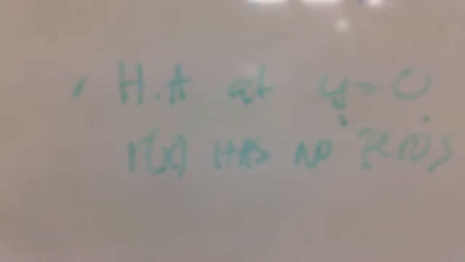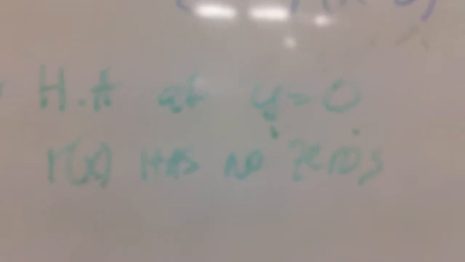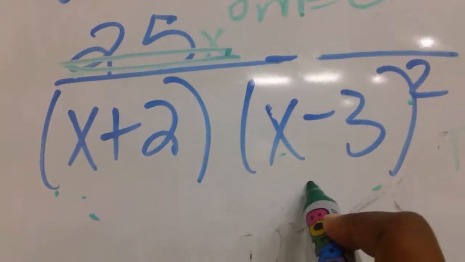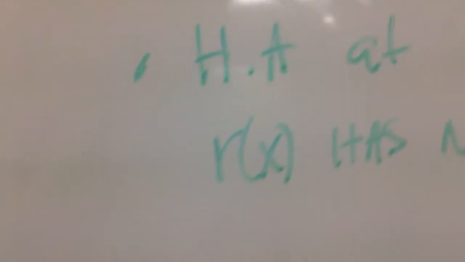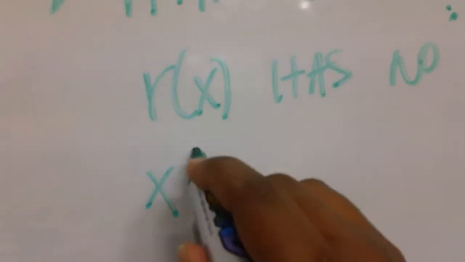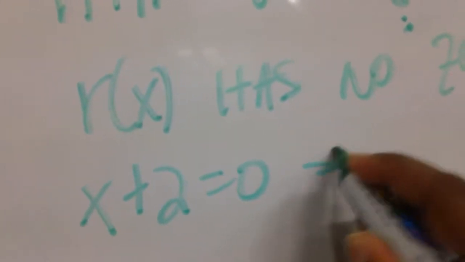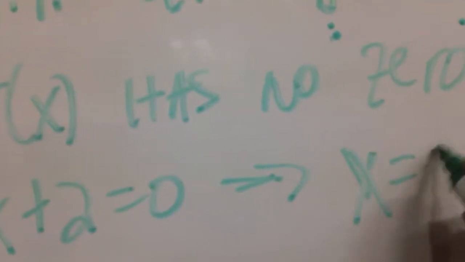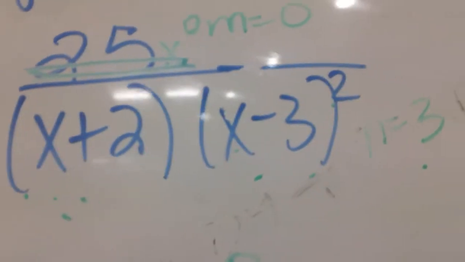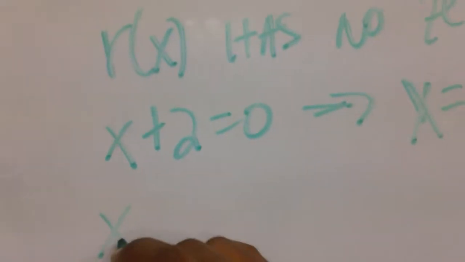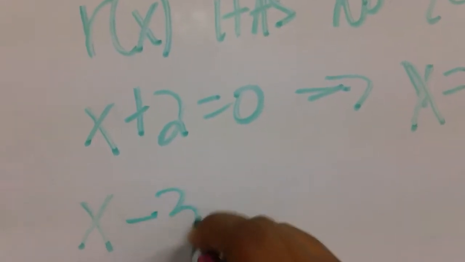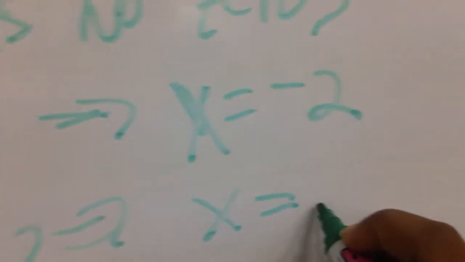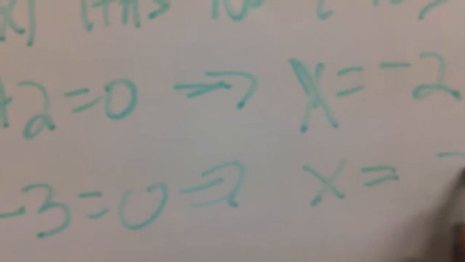And then let's take a look at, do we have any vertical asymptotes? Well, the vertical asymptotes are when the denominator polynomial is 0. So here, we have x plus 2 equals 0. This implies that we have a vertical asymptote at x equals negative 2. And over here, since another 0 of the denominator polynomial occurs when x minus 3 is equal to 0, that means we have another vertical asymptote at x equals 3.